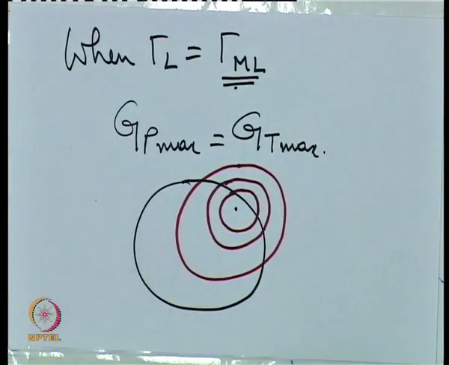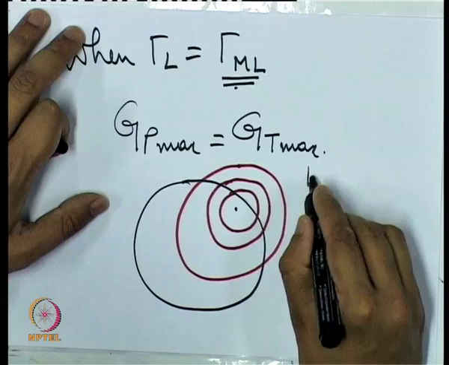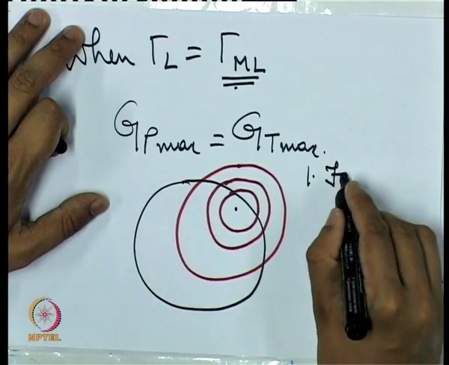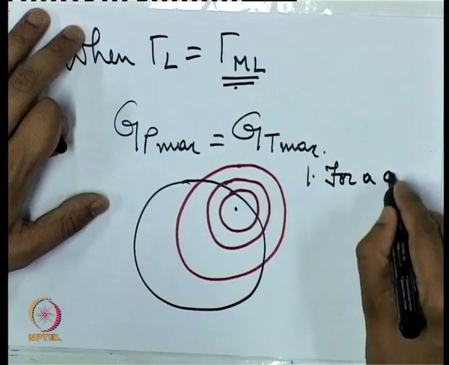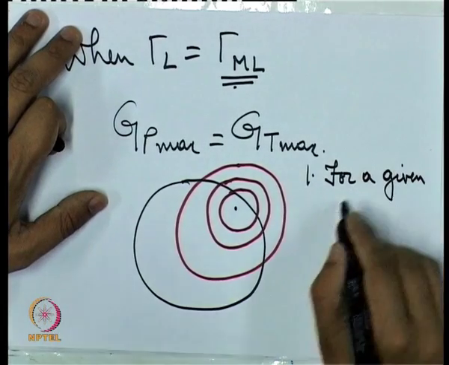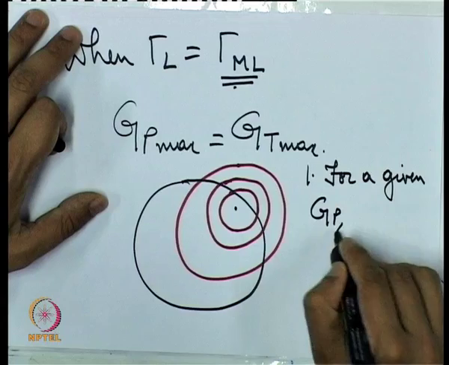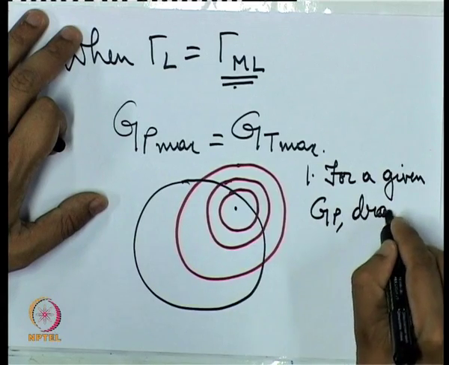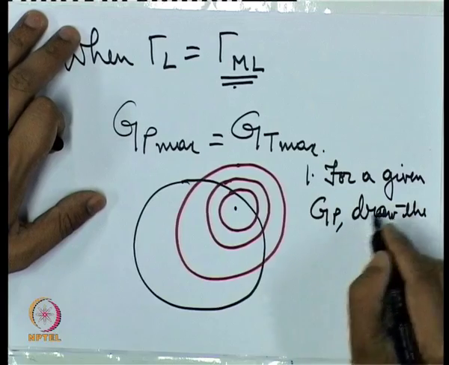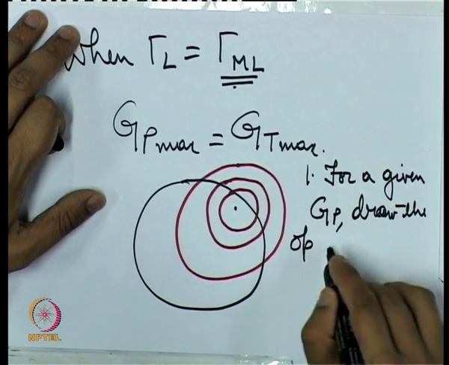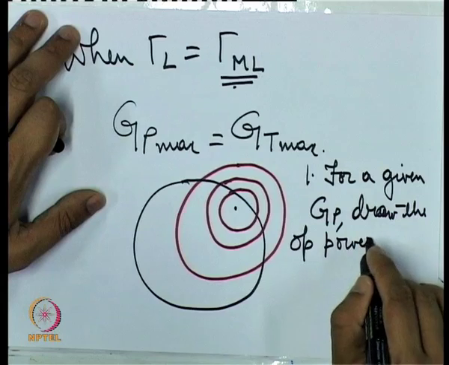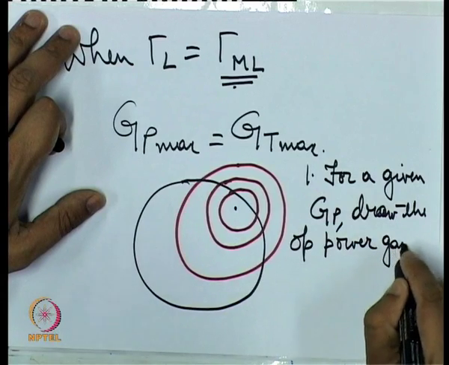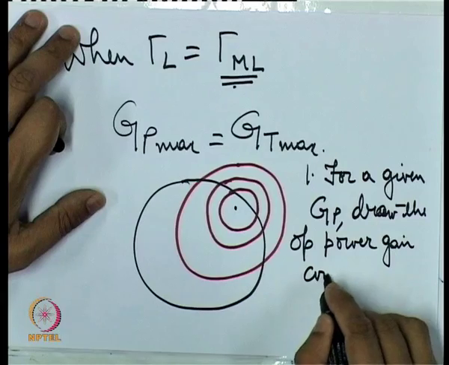So the steps to design are: first, for a given Gp, draw the operating power gain circle.